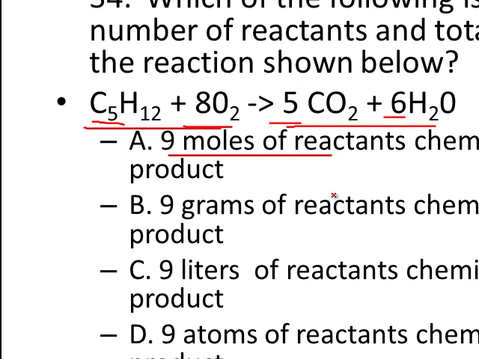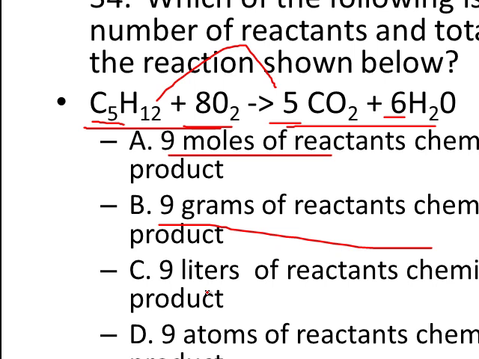The 9 grams of reactants, this is completely wrong, right? Grams to grams, we don't convert directly from grams to grams. So when we do stoichiometry, we always have to first go through the molar map, going first to moles before we can balance our equation. So B is a very wrong answer.